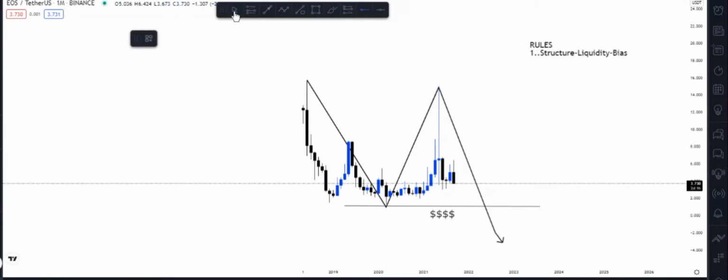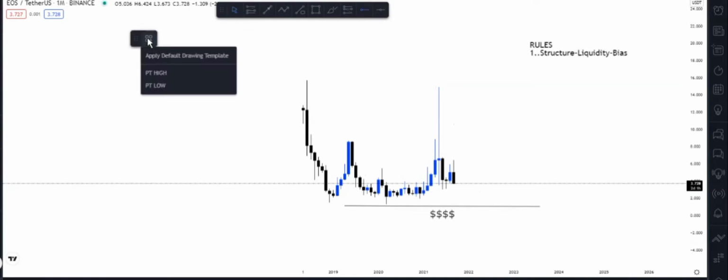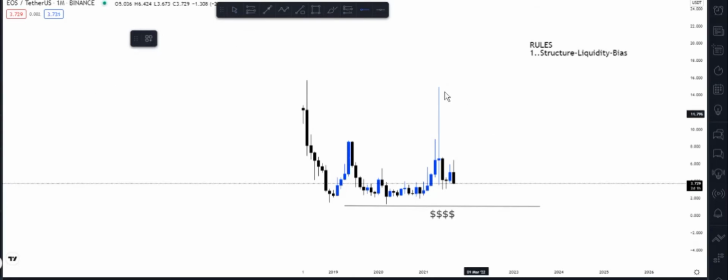So that is actually liquidity. Let me get rid of this and put it on my protection. My protected high is this high.